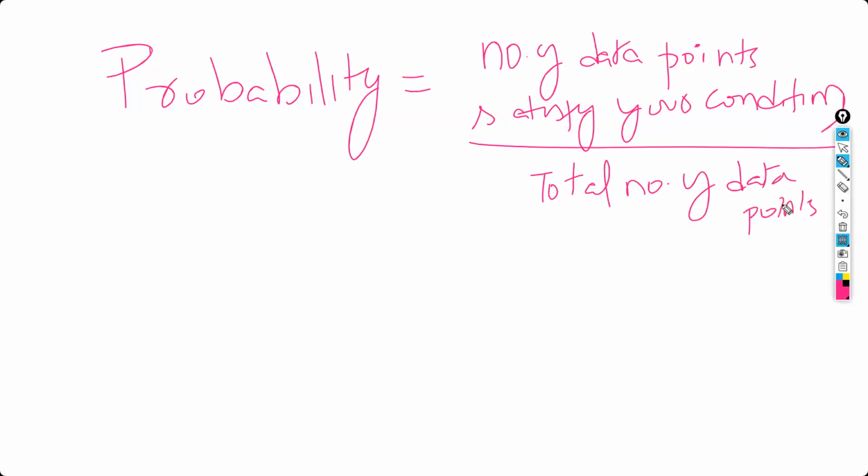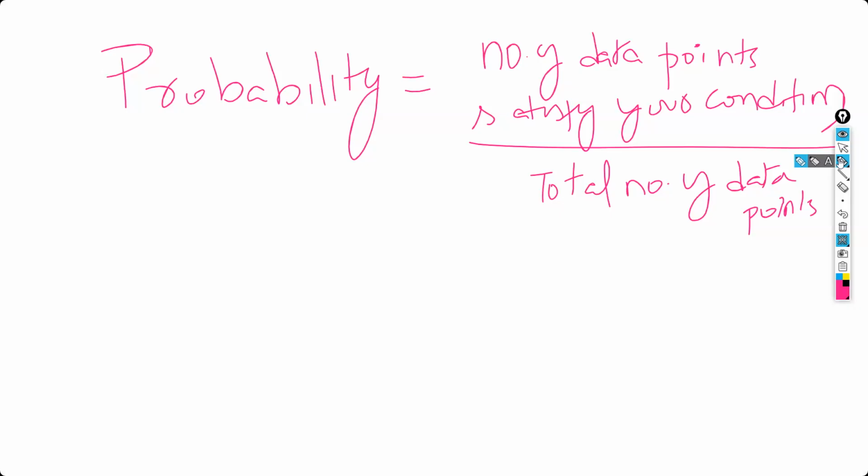Number of data points satisfying your requirement, your condition, divided by total number of data points is called probability. Right? The probability is calculated for discrete variables separately and for continuous variables separately.